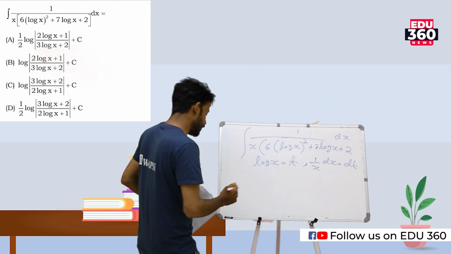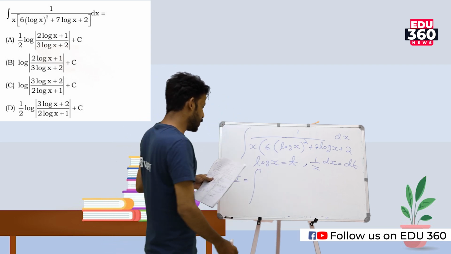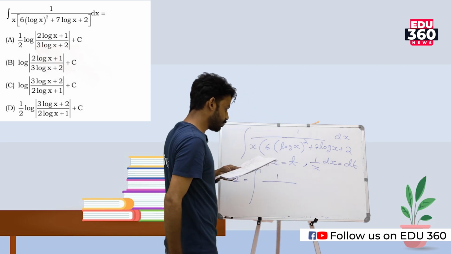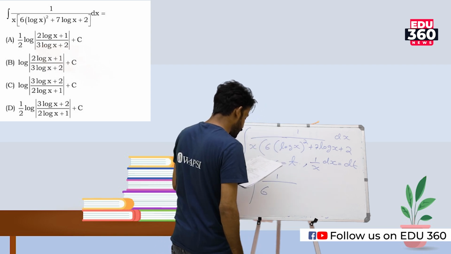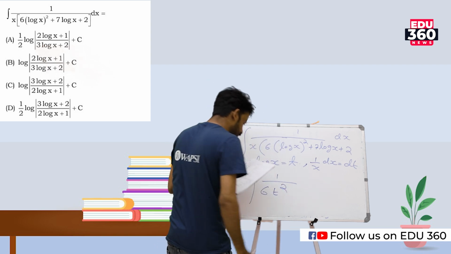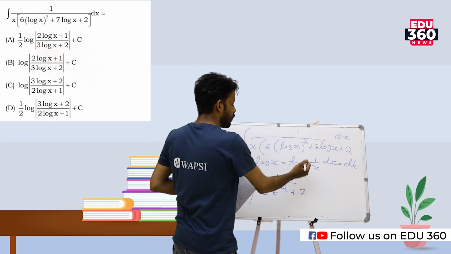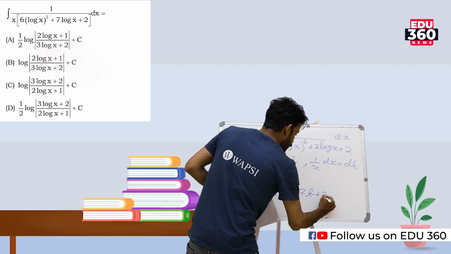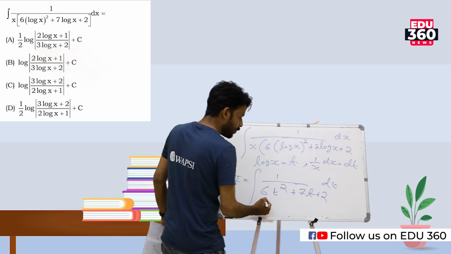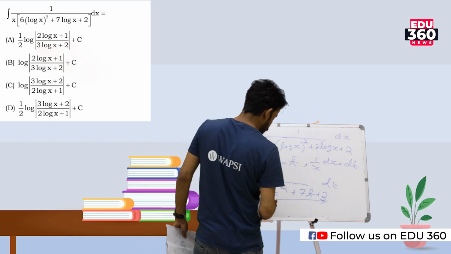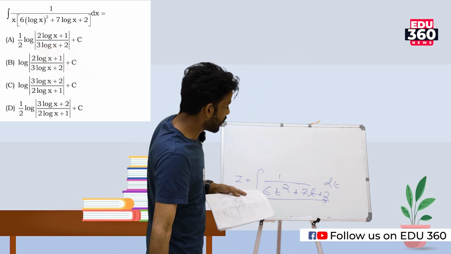In the next step, we can write I is equal to the integral of 1 divided by (6t square plus 7t plus 2) dt. Hereafter, we work on 6t square plus 7t plus 2.